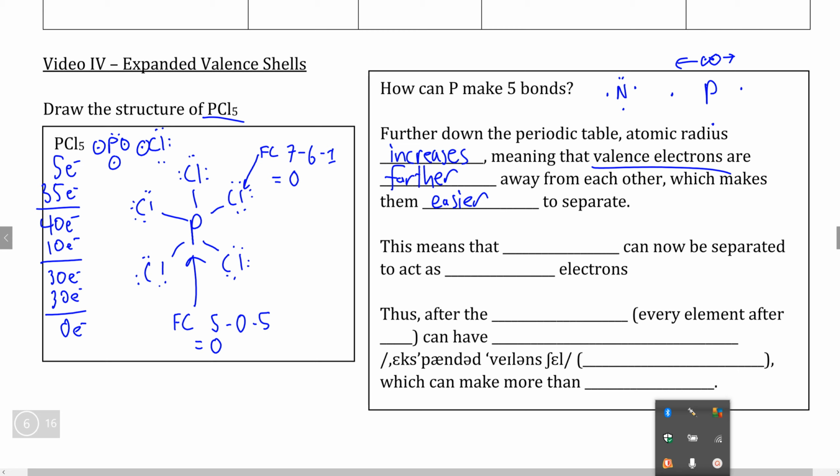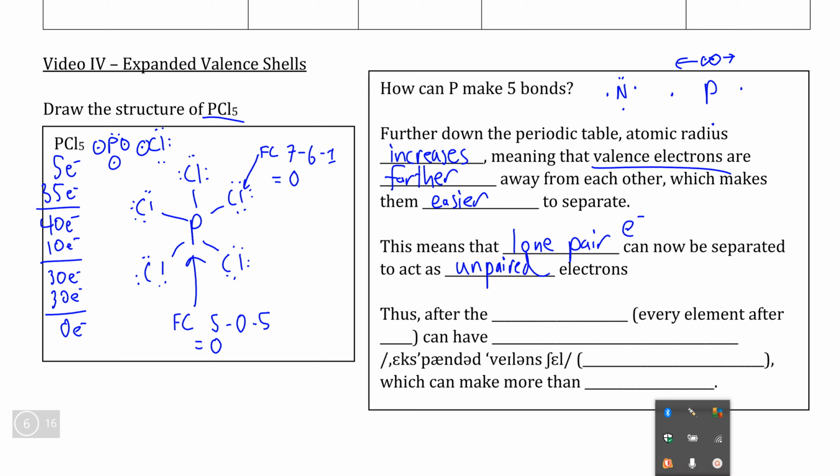We will explain using electron configurations how this is possible. But because phosphorus's valence electrons are farther away, the attraction to the nucleus is weaker, which means that the electrons in phosphorus's lone pair can now be separated, and these 2 electrons can actually act as unpaired electrons, which means that each of these can make a bond.